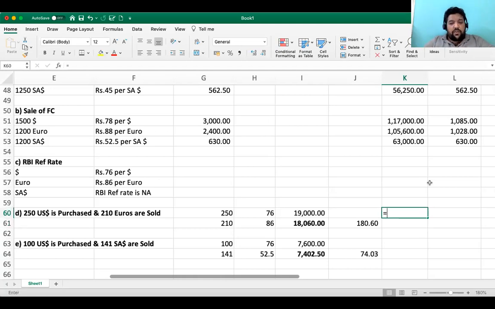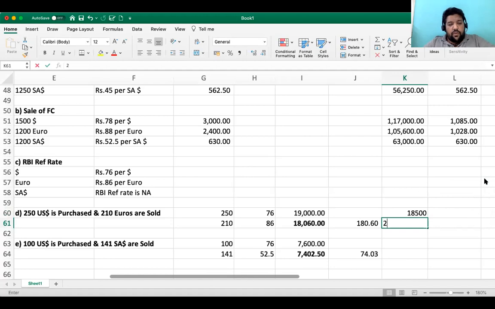But very interesting to note, $250 into dollars buying rate is what in our problem? Dollars buying rate is 74.